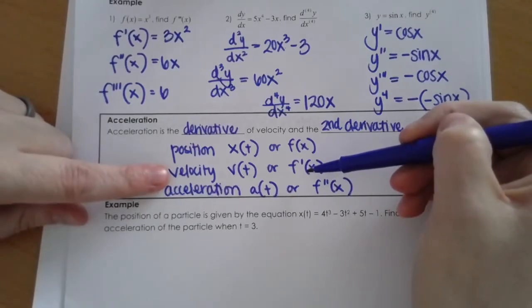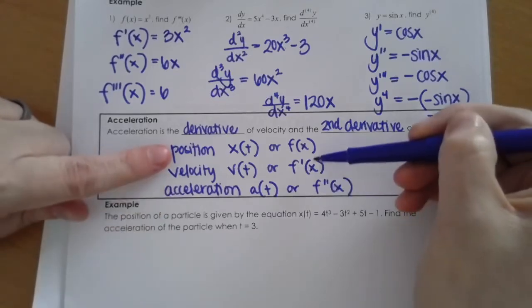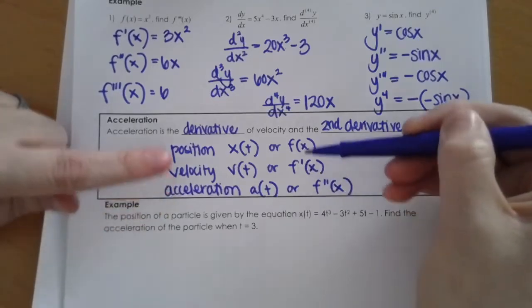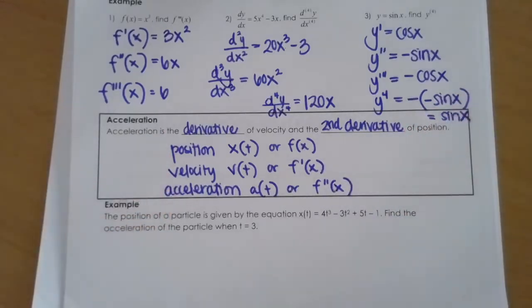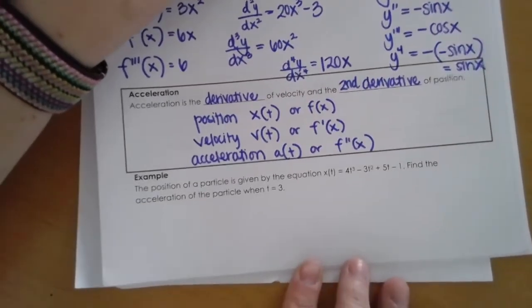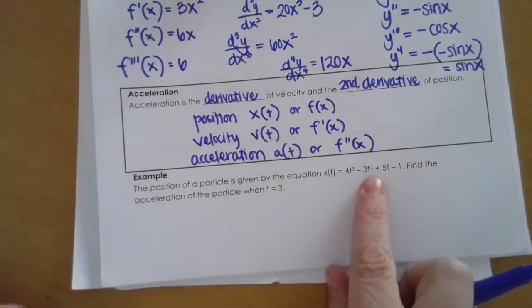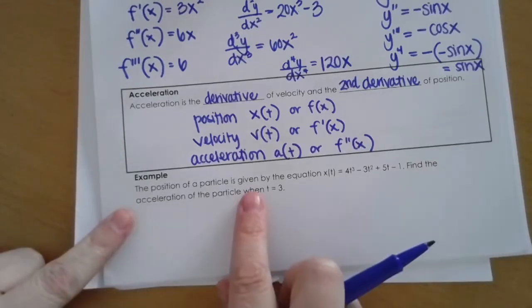If I'm at velocity and I do one more derivative, I'm at acceleration. So this progression right here, whether it's forwards or backwards all year long, is something that we need. And I've put some common notation for that on these for you to have. This example right here, the position of a particle is given by the equation right here. This is a position. Find the acceleration of the particle.